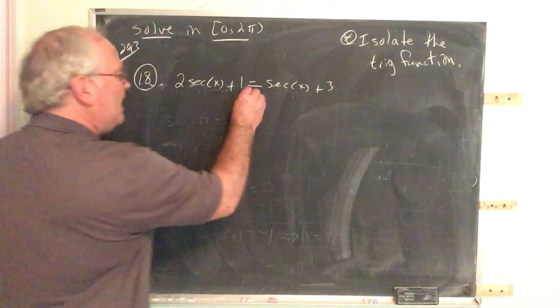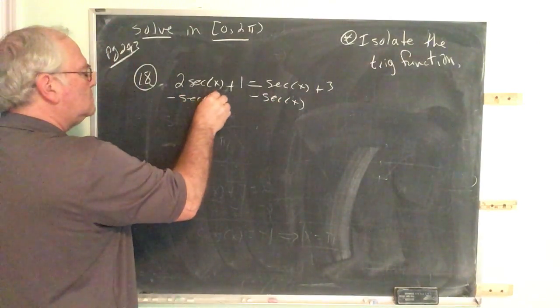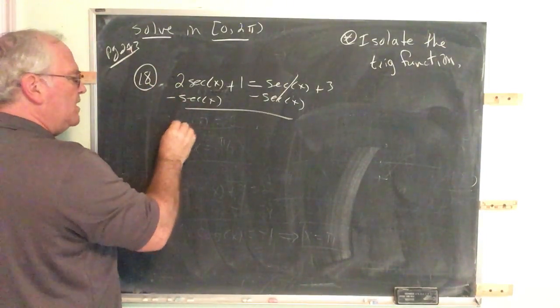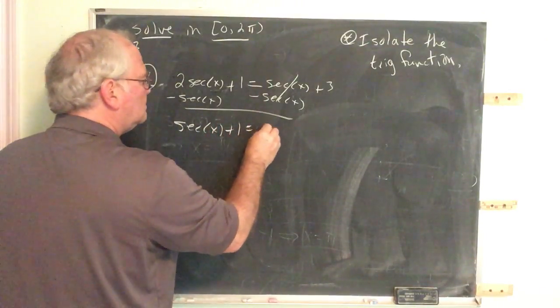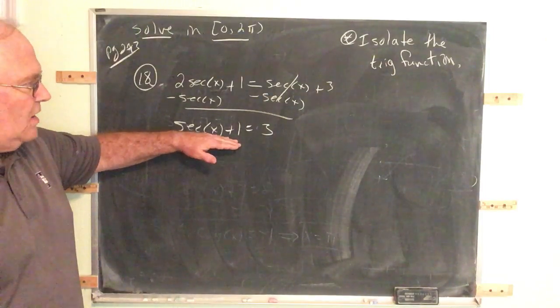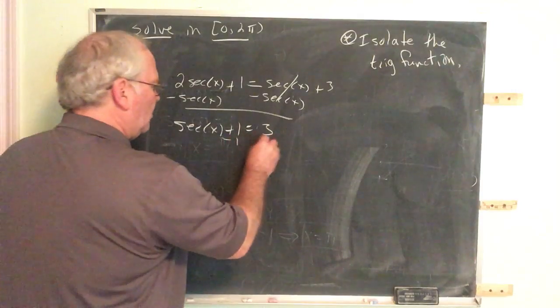You can combine the secants. 2 secants minus 1 secant is 1 secant left. And we're very close to what we had before. Isolate the trig function. So in this case, subtract the 1 across.